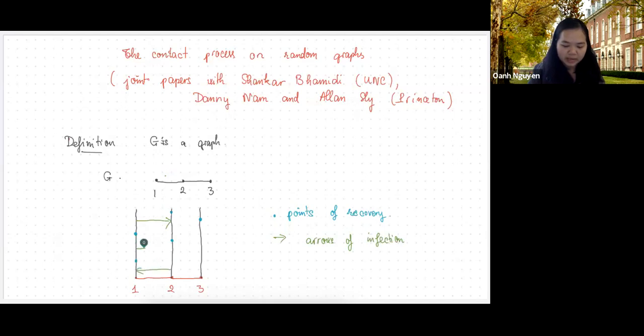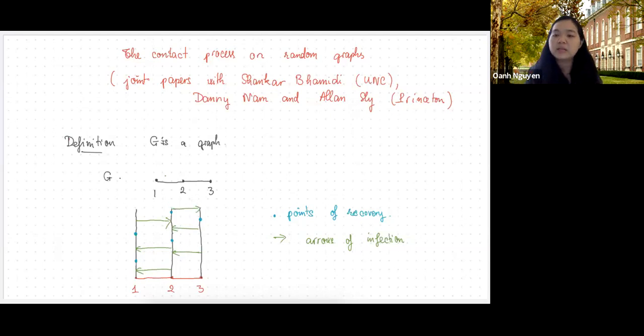So let's say we have 2 times that the clock rings. And similarly, let's say this from 3 to 2 is another Poisson clock at rate lambda. And let's say another one here, maybe, and then 2 to 3 is this.